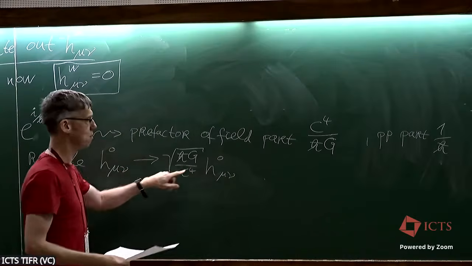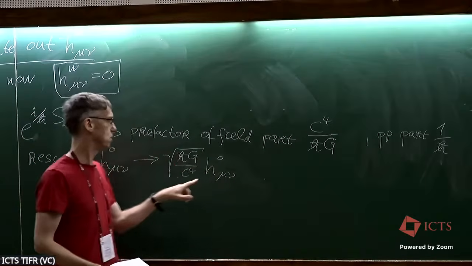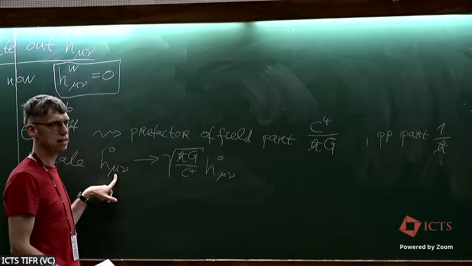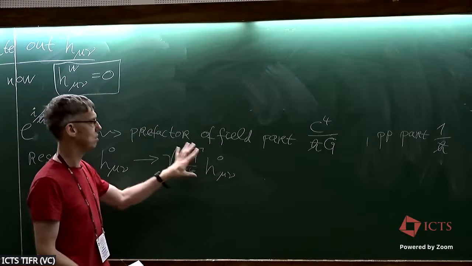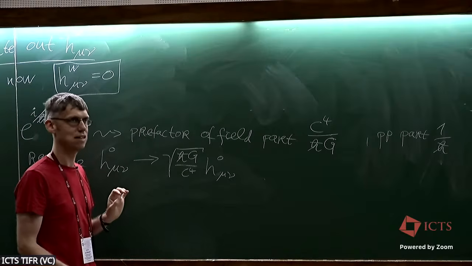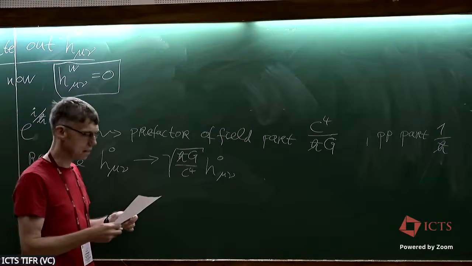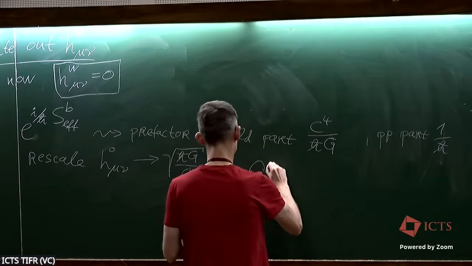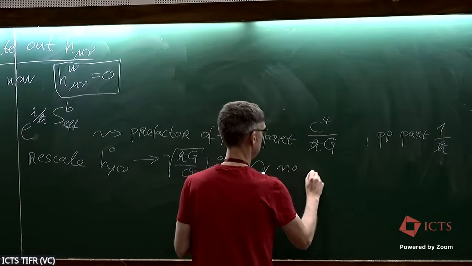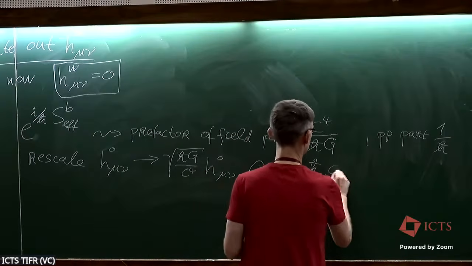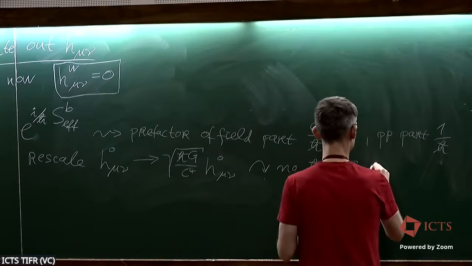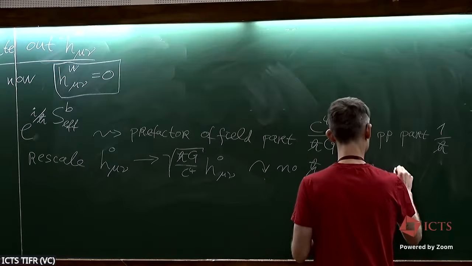So that's the square root of the inverse of that. So in the piece of the action that's quadratic in h, all those constants will go away, right? And that means there's no h bar, no c, no G in the propagator.